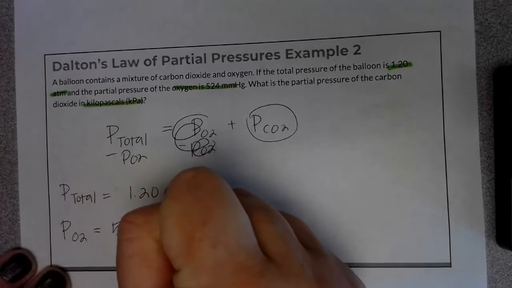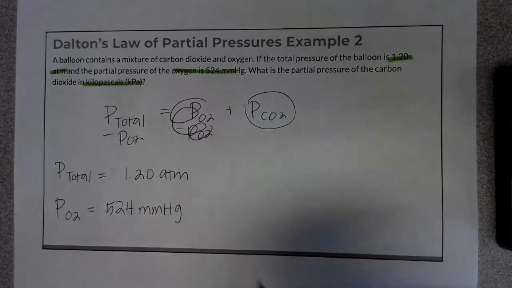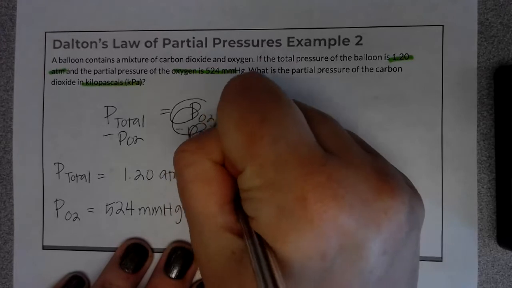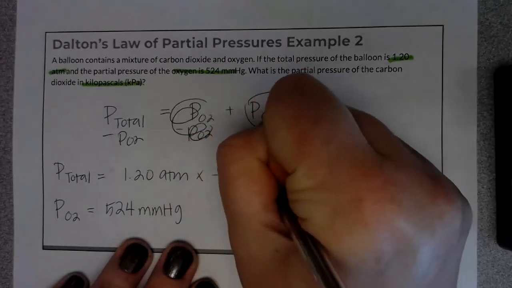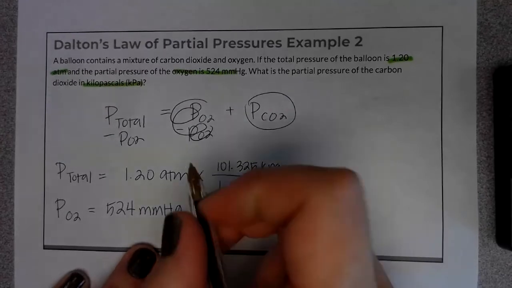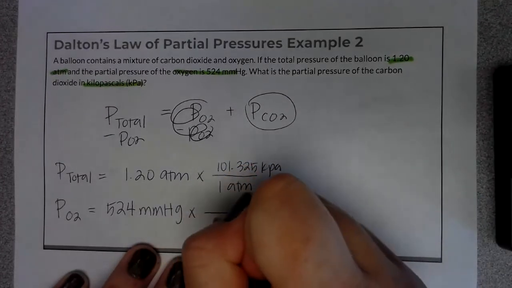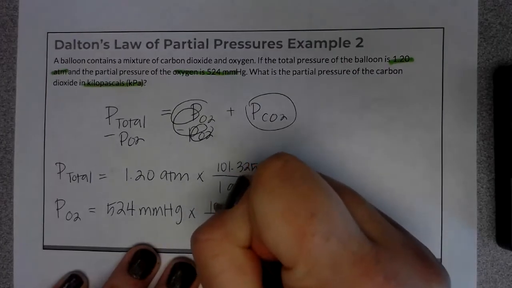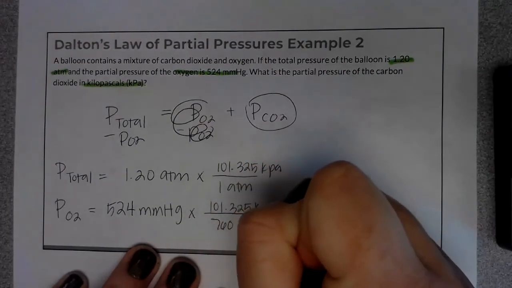So let's go ahead and convert these to kilopascals, and then we'll do the problem. So I'm going to multiply that by that conversion factor, 101.325 kilopascals over 1 atmosphere. We're going to multiply this one by the conversion factor, 760 millimeters of mercury on bottom, 101.325 kilopascals on top.